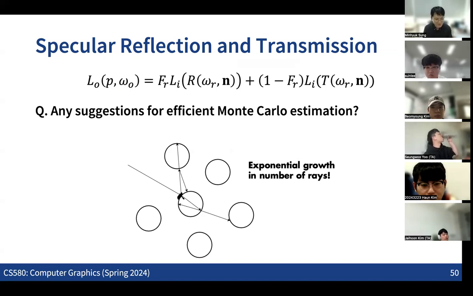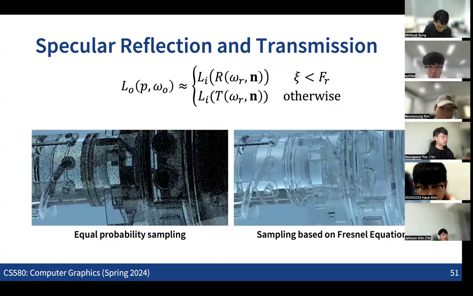Then we can see that there are lots of ways that we can construct the paths. One way that we can simplify this Monte Carlo estimate for those cases is to randomly sample either the reflection or the transmission ray based on the probability defined by the Fresnel coefficients.